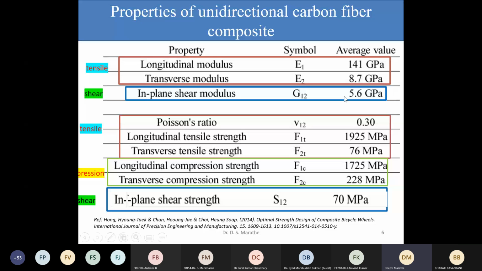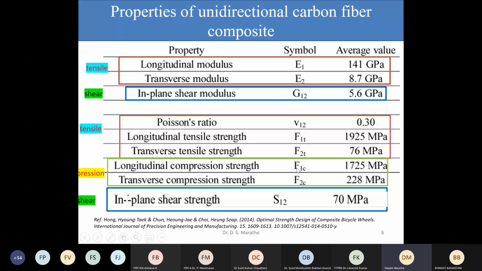G12 is the shear modulus. Now these are the strengths in the compressive and tensile direction, in transverse as well as longitudinal direction. So you can see that there are wide differences in the strengths in the transverse or the longitudinal direction.